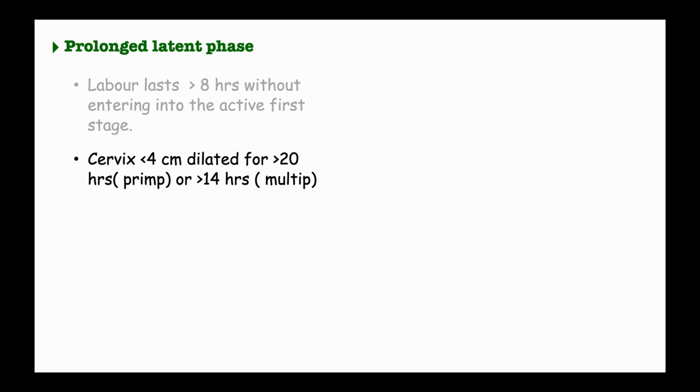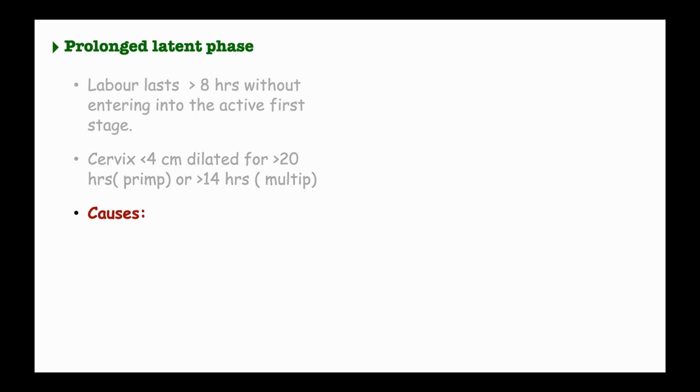So labor that lasts for more than 8 hours without entering into the active phase or the active stage of labor is a prolonged latent phase. And over here, what we find is that the cervix is less than 4 centimeters dilated for more than 20 hours in the primipara and more than 14 hours in the multipara.